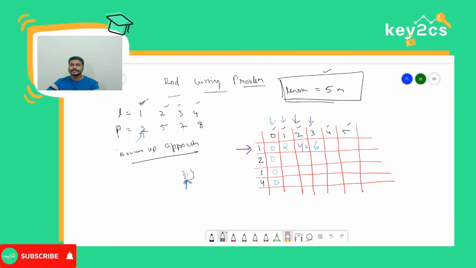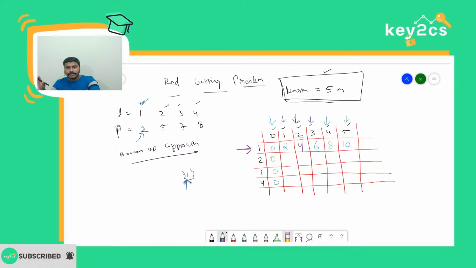Similarly, for length 4 we would get profit 8, and for length 5 we would get profit 10, because we will take 5 pieces and each piece gives us profit 2. So 5 pieces will give us profit 10, right? Okay, clear? Fine. Now let's move on to the next row.